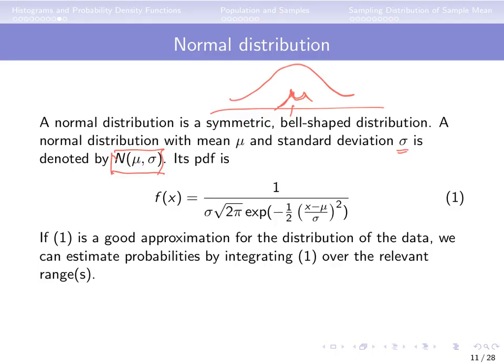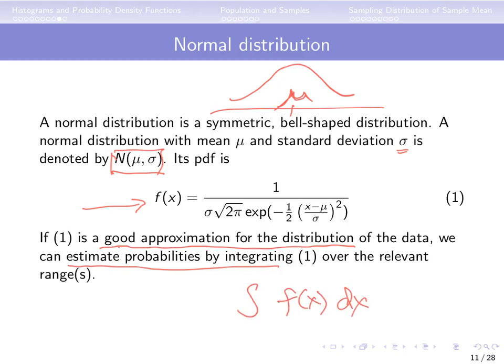Now the PDF, the probability density function, is given by this equation over here. If you know what the mean is and you know what sigma is, then suppose that this is a good approximation for the data, we can estimate probabilities by integrating this f of x over the relevant ranges that we want. So that's the basic idea.